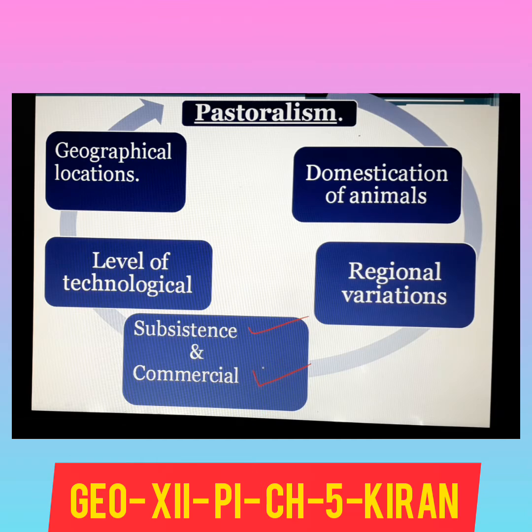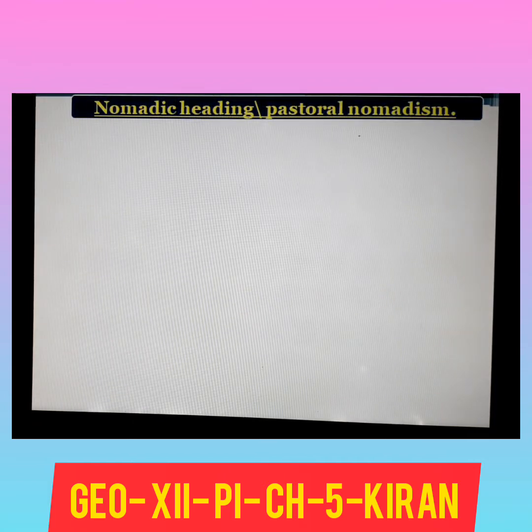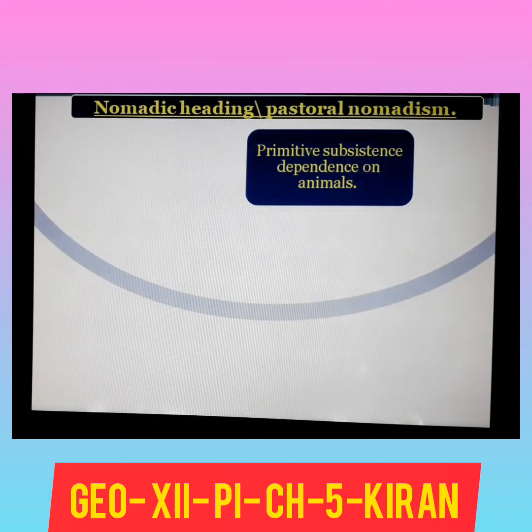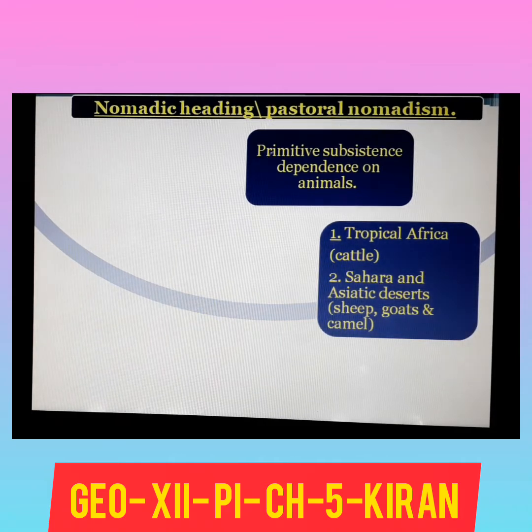So in the next part we will see nomadic herding or pastoral nomadism. Nomadic herding and pastoral nomadism is practiced by the primitive subsistence people, and they are depending on the animals. As I mentioned earlier, there are different locations and different animals. For example, in tropical Africa, cattle are reared.